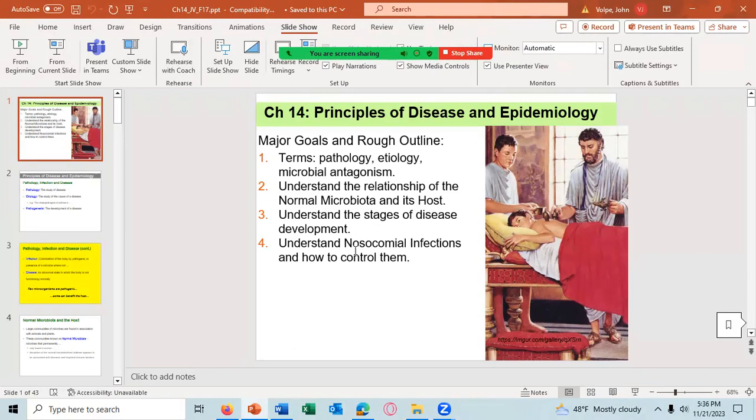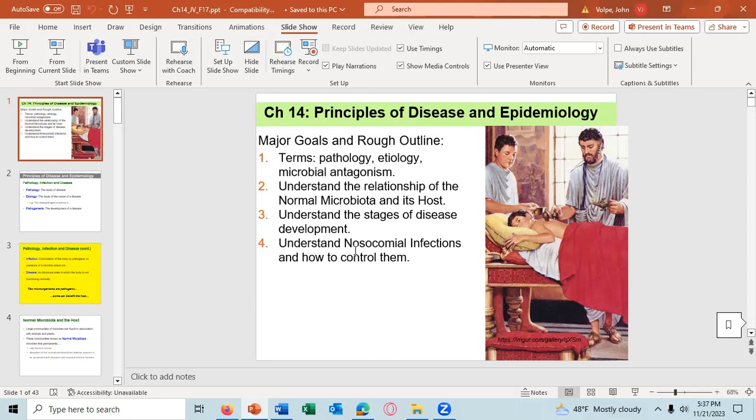In this slide, I'm showing you the major goals and a rough outline. Know the terms. I've only got 3 here. However, if you know the terms of this chapter, you will learn about half of the material in this chapter, meaning this chapter is very heavy on the terms. 2, understand the relationship of the normal microbiota and its host. 3, understand the stages of disease development. 4, understand what nosocomial infections are and how to control them.